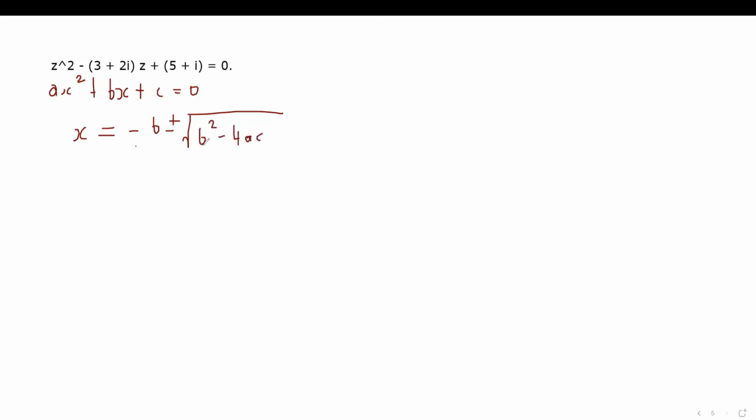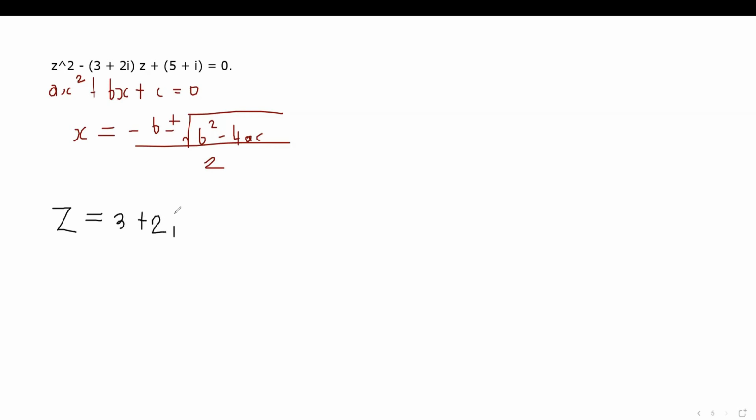All right? So all we're going to do now is say z, because it's not x, it's z. So z is equal to minus b. Minus of minus (3 plus 2i) is just 3 plus 2i.